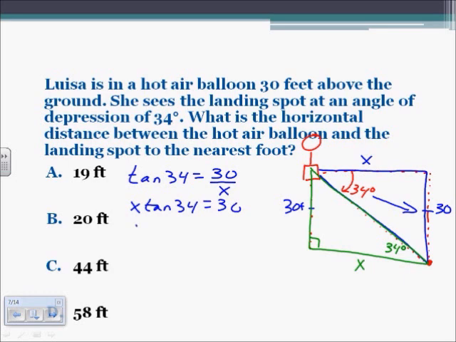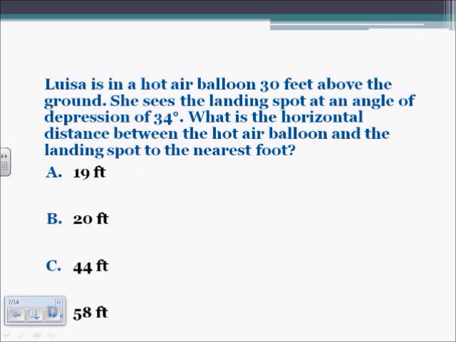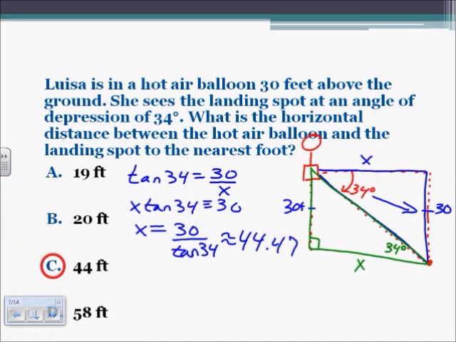Divide both sides by the tangent of 34, and we have X is equal to 30 divided by the tangent of 34, which is approximately, once we plug it into our calculator here, 30 divided by tangent of 34, approximately 44.47, and they want it to the nearest foot, so therefore that will be C, 44 feet. Good. Next problem.